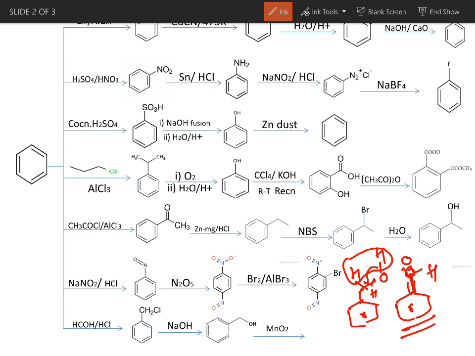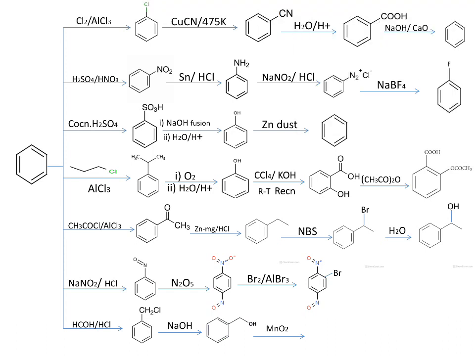Now this benzaldehyde, which is formed with MnO2, is further reacted with MCPBA. MCPBA is also a selective oxidizing agent, called metachloroperbenzoic acid.